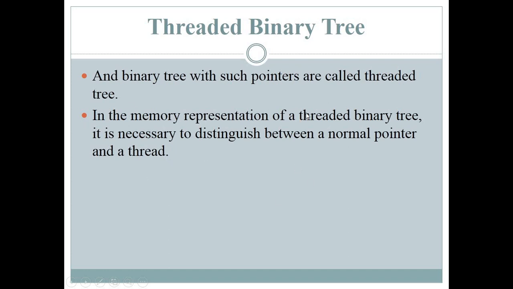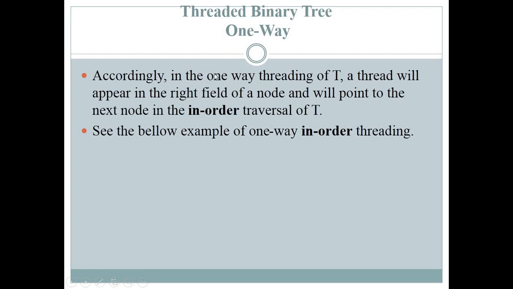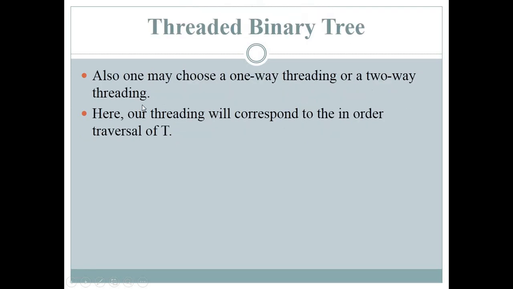In the memory representation of a threaded binary tree, it is necessary to distinguish between a normal pointer and a thread. Mainly a thread will be a last node with null pointers. Let's start with the threaded binary tree.